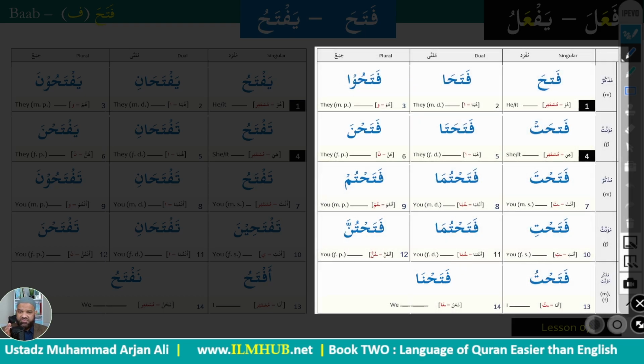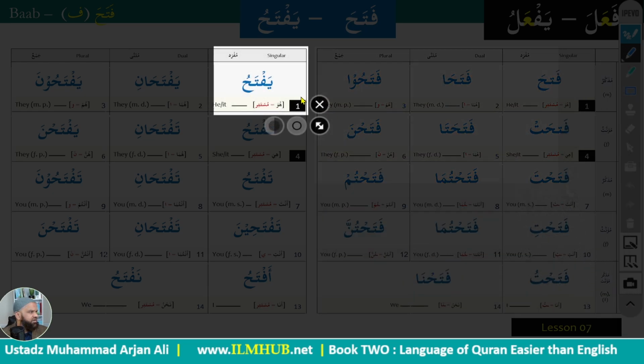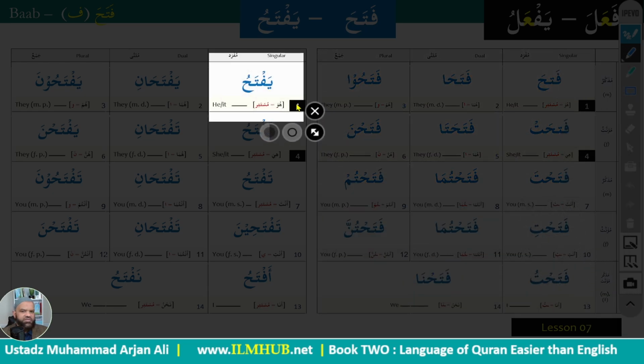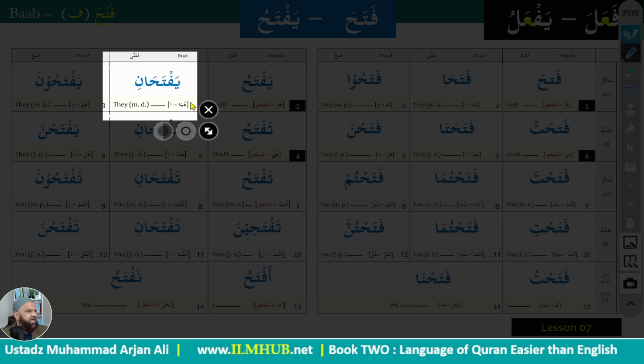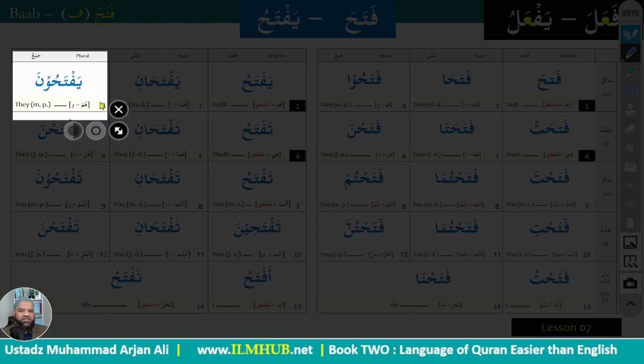So if you take a bit of time to rewrite these 14, inshallah ta'ala, the madi verbs will become very, very familiar. Now let's take a look at the mudari. Since we know this follows the fataha pattern, we know the mudari will be yaftahu. Again, it could be yadhabu, yaj'alu, etc. Yaftahani, yaftahuna.